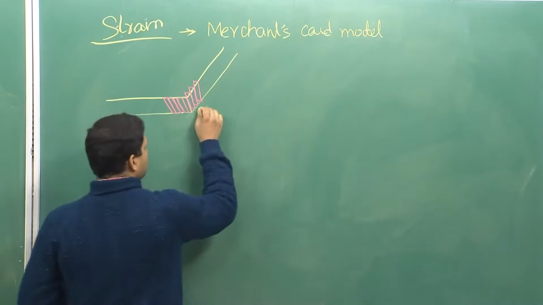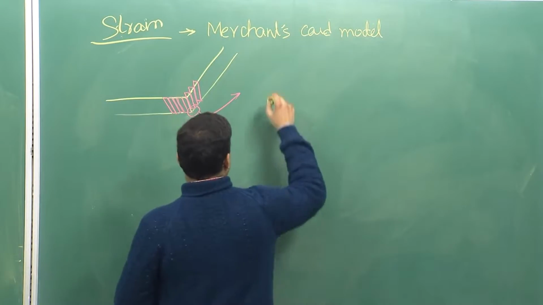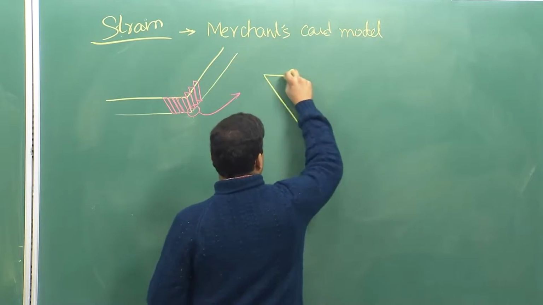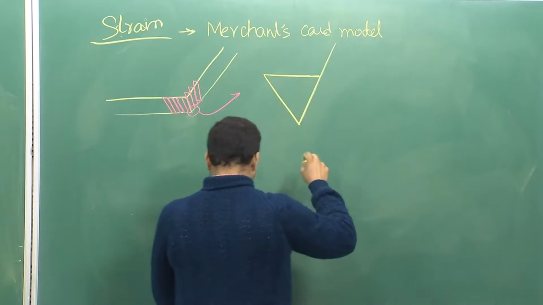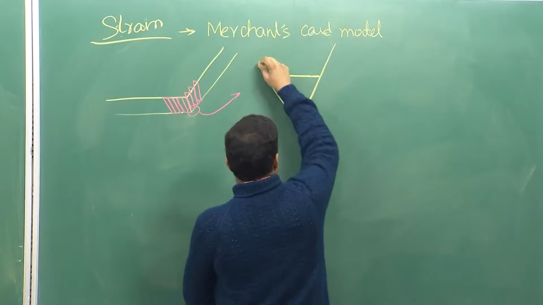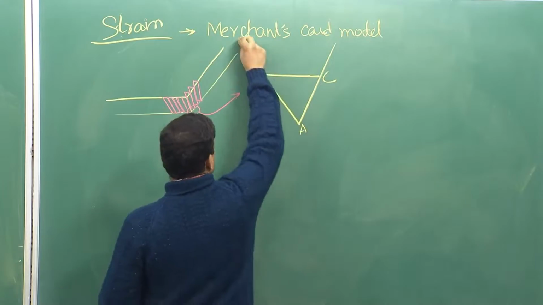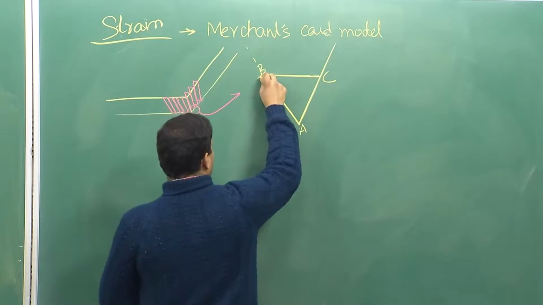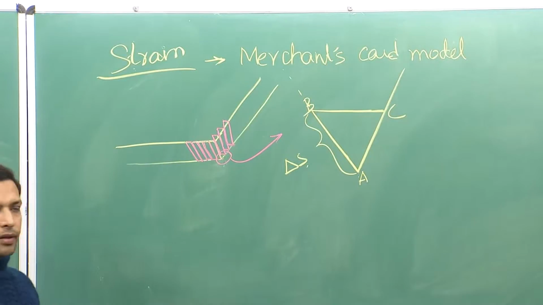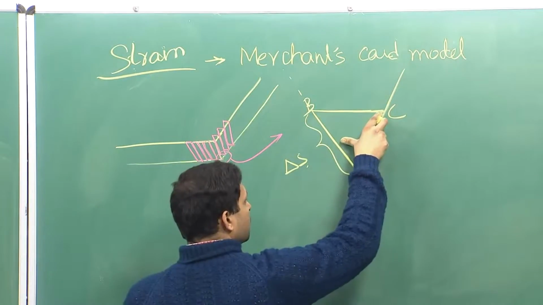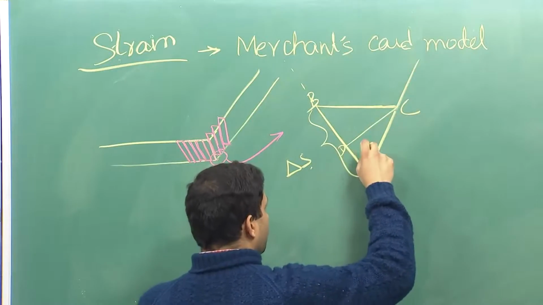So, if I had to explode this view, it will look like this. So, this is the displacement. So, let us call it delta S. Now, this delta S is being displaced for a thickness of this size. So, this is our delta Y.